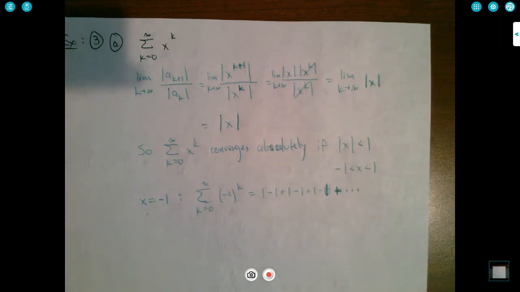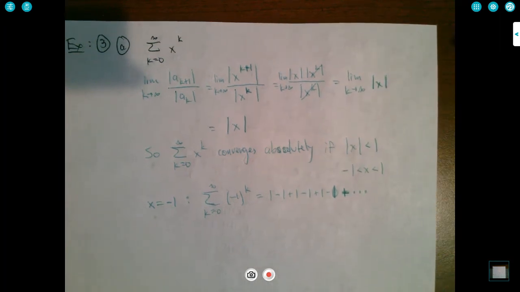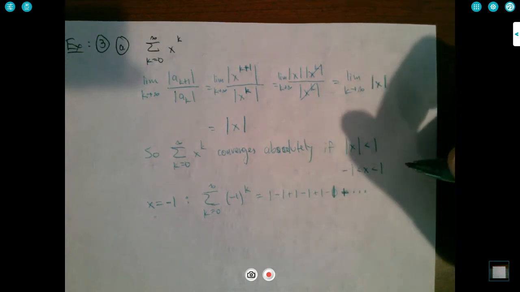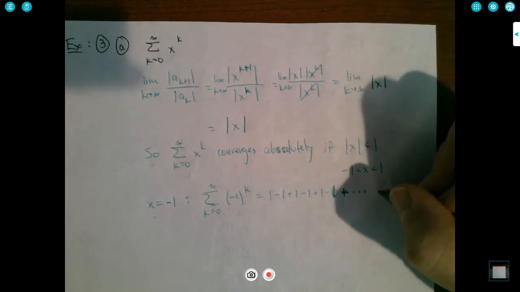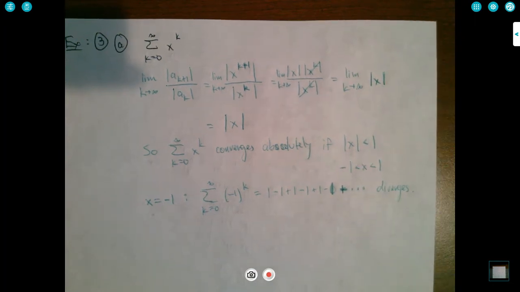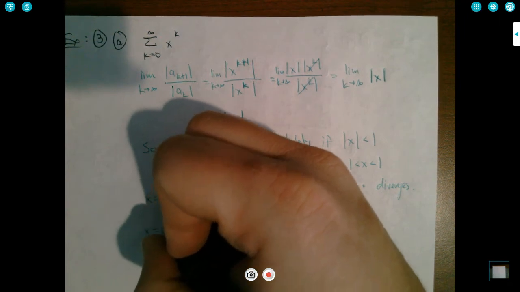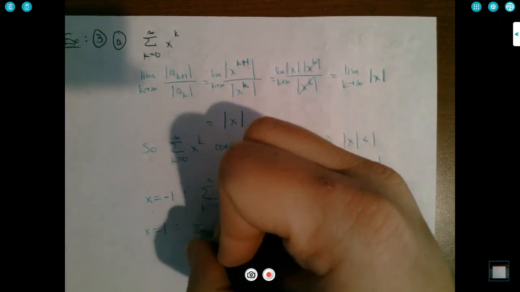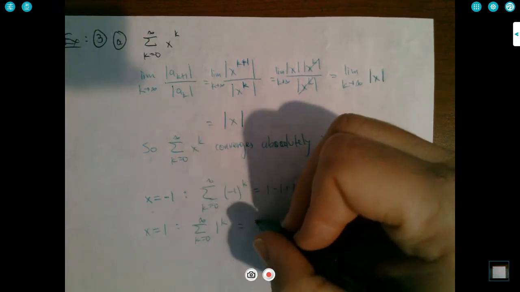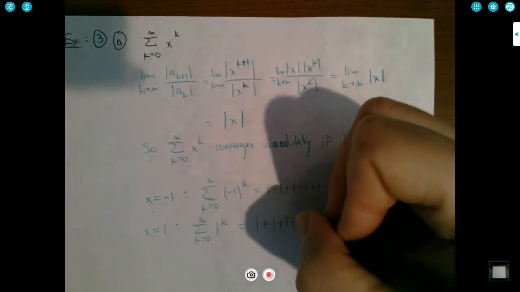And we've proven that this thing diverges. We proved this way back in like 9.3 or something. So it diverges. At x equals +1, we get the sum from k equals 0 to infinity of 1 to the k, which is just going to be 1 plus 1 plus 1 plus 1 plus 1.